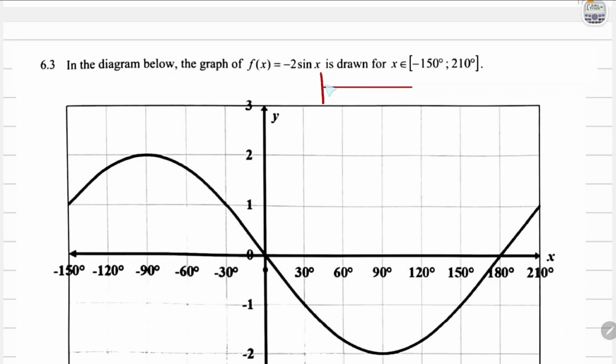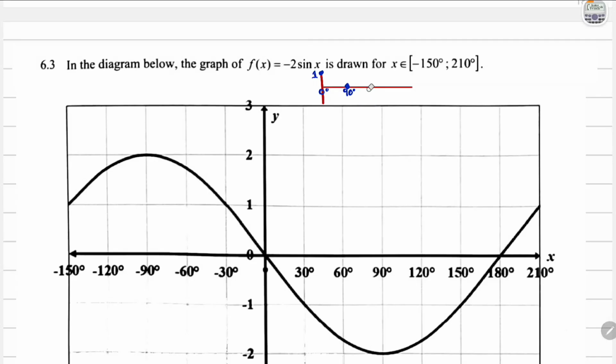So at 0 degrees, just remember that we would have 1. And you'll notice there will be an important point every 90 degrees. So after 0 degrees, 90 degrees later, your cos graph is going to have a y value of 0, so it's going to be on the x-axis.